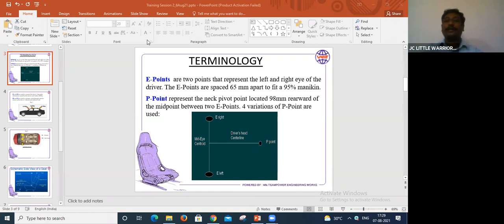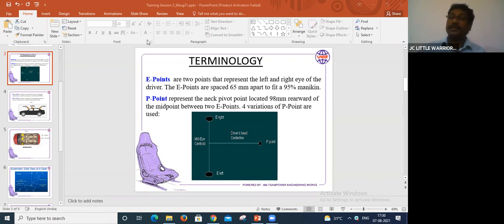So they considered the 95th person out of 100 people. The first person is the very shortest person in Europe, the shortest and thinnest person, we can say. And the 100th person is the tallest, the person with more height and weight.